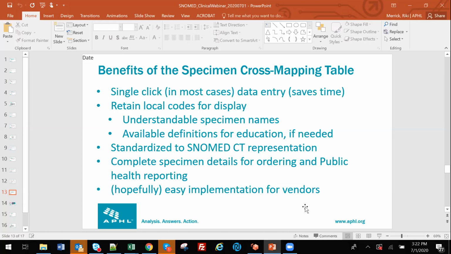We obviously have a standardized SNOMED representation, and hopefully if that remains in the data going forward, it'll provide the specimen details not only for ordering, but for the subsequent result reporting and reporting for public health, because that was our angle from the public health perspective. And then we're hoping it'd be easy implementation for vendors.